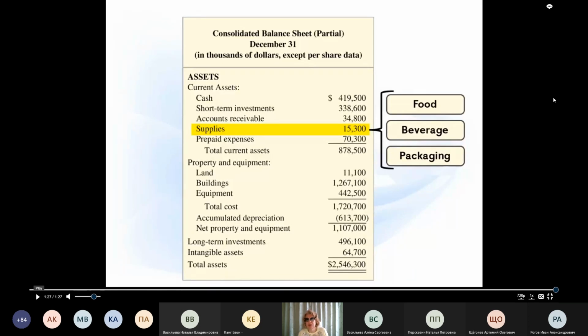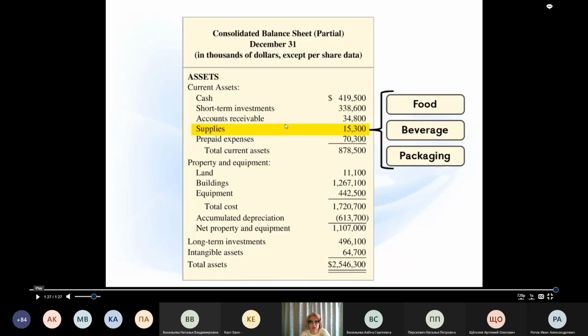Of course, we understand that these pieces of information should be aggregated in order to prepare the balance sheet. For example, we can have separate accounts for food, beverage, and packaging. Here we have this example, but in order to prepare the balance sheet, we should aggregate them into one item as supplies.